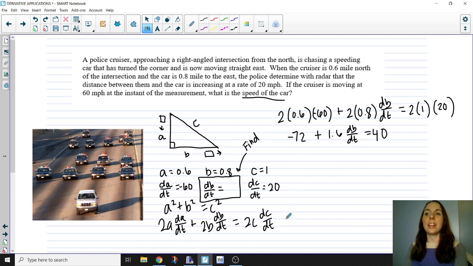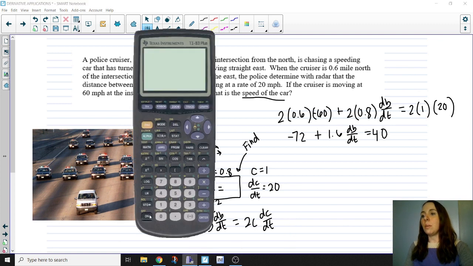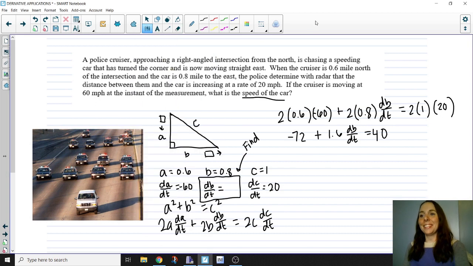And just throwing that little negative in place right there will save the day, and we will calculate the speed of the speeding car to be 70 miles per hour. 70 miles per hour is a car that is being chased.